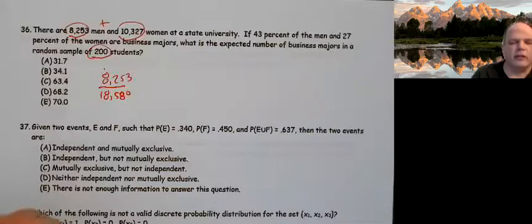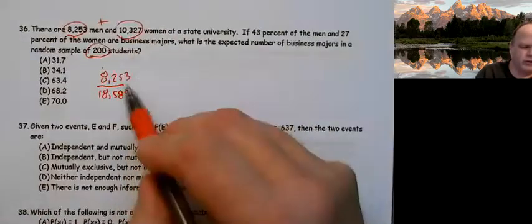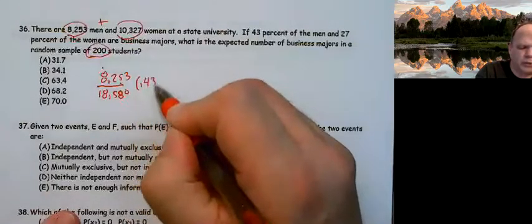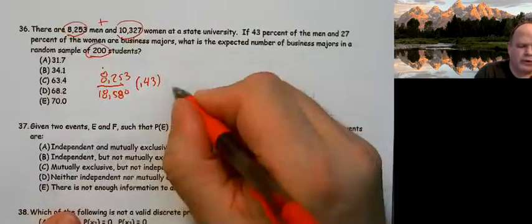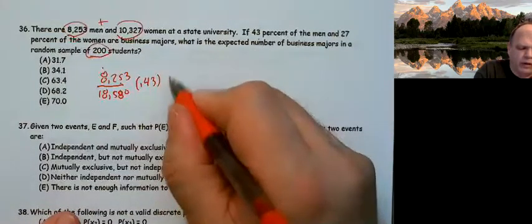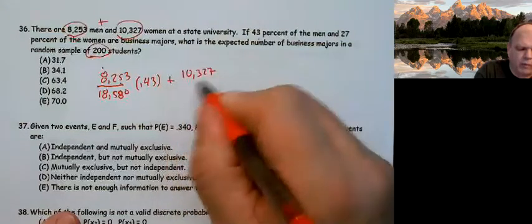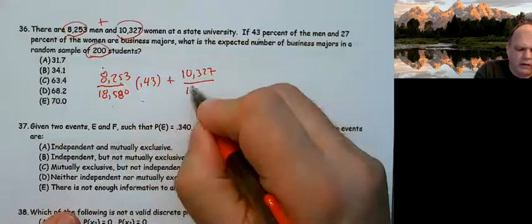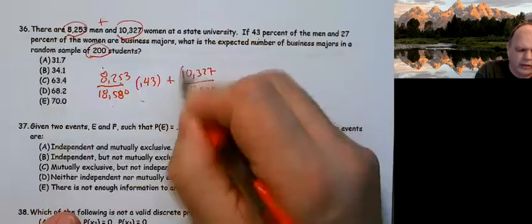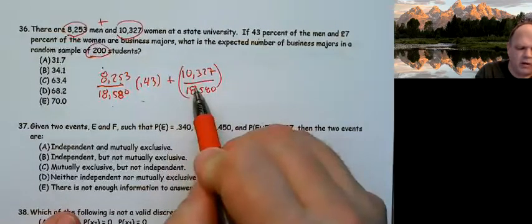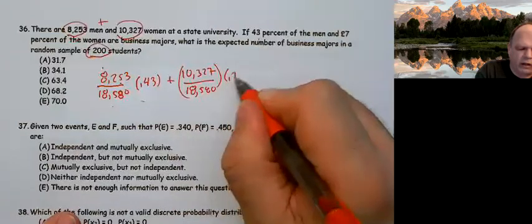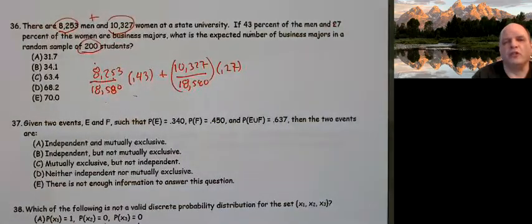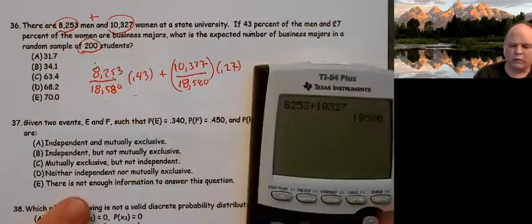So this is the percentage of men at the university, and of that percentage, 43% are business majors. But then we also have the women. We have 10,327 women out of the 18,580. 27% of that are business majors. So let's calculate those values.